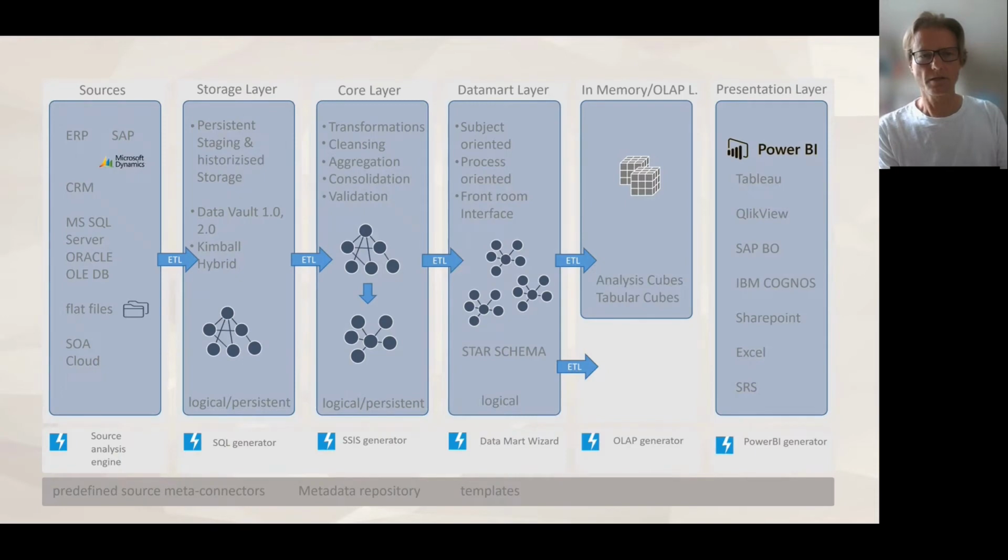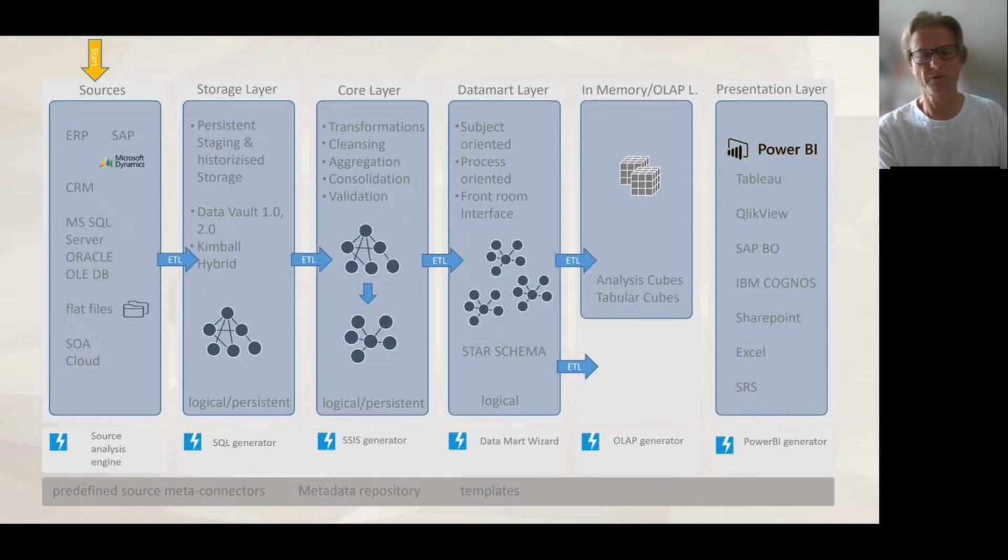So this is how it looks, the layers which will be generated by AnalyticsCreator. This is just an example. We have a storage layer, the core layer, a data mart layer, and also the in-memory tabular analysis layer.